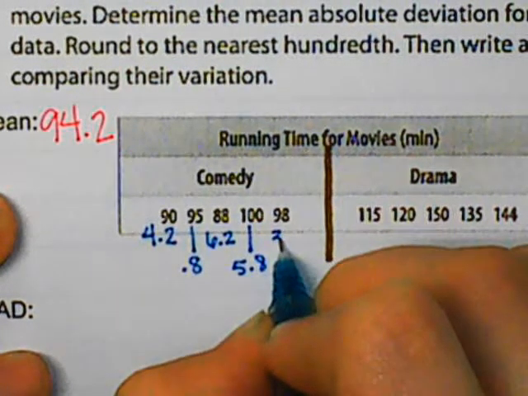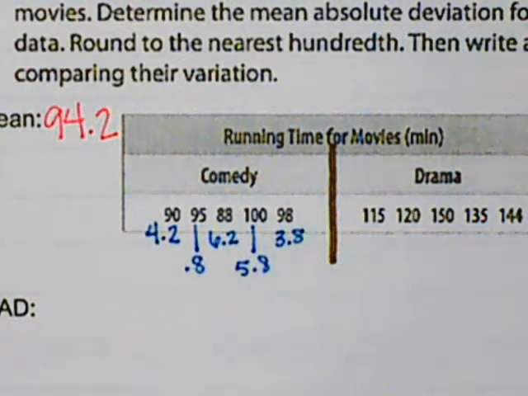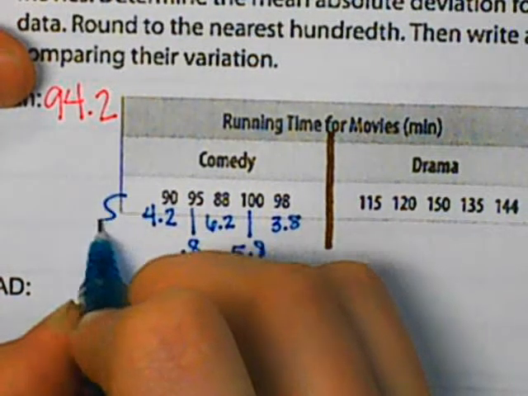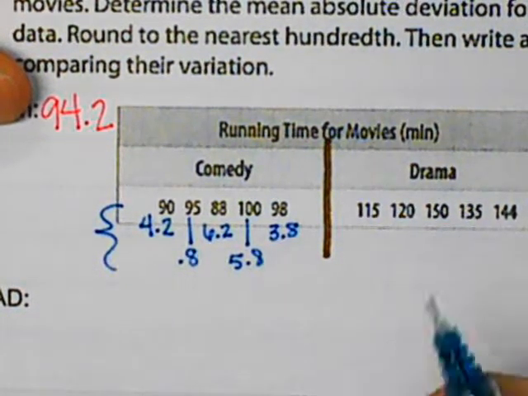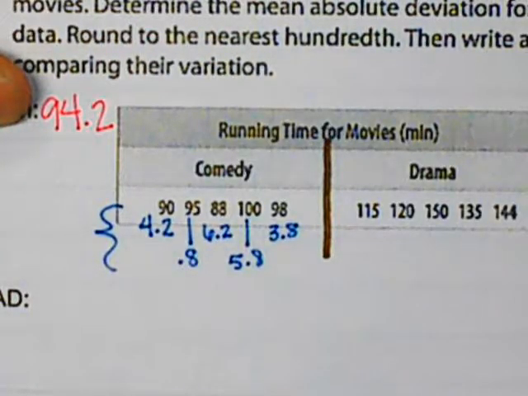And 98 is 3.8 away from the mean. So these numbers here were the distance from the mean.